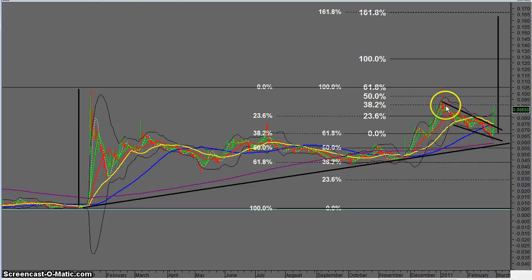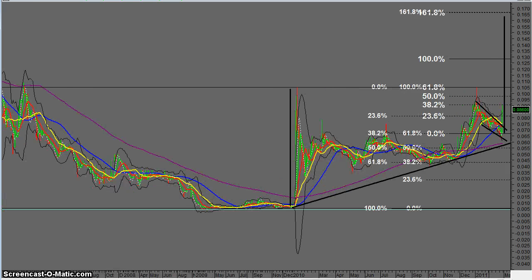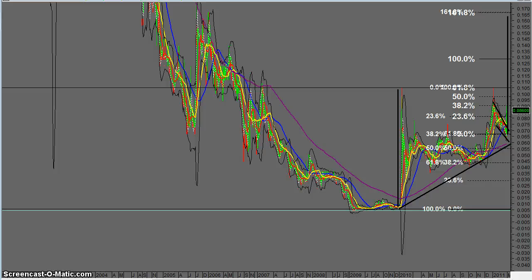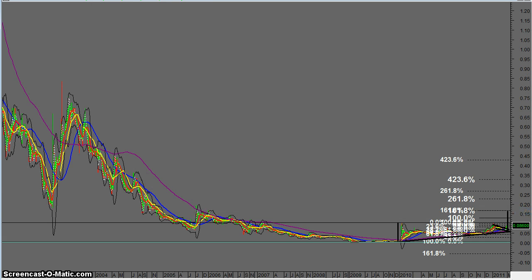This line here is either a falling wedge or a bull flag. Falling wedges usually come at a low point near a bottom, and as we can see by the overall chart of the stock, I'll just rescale that.